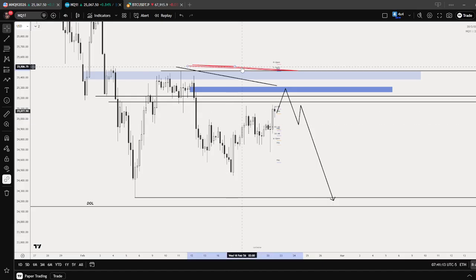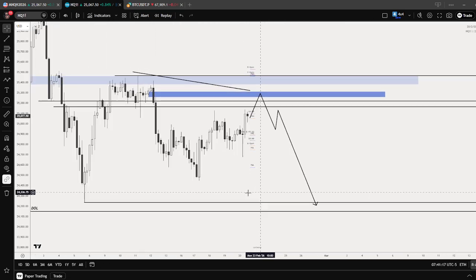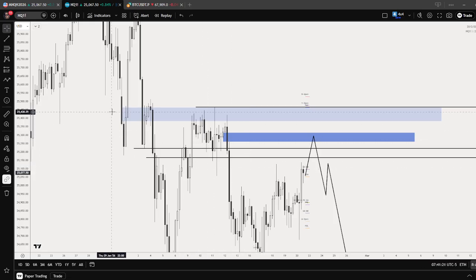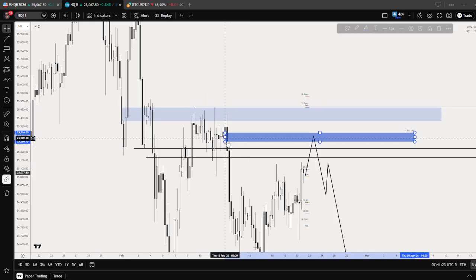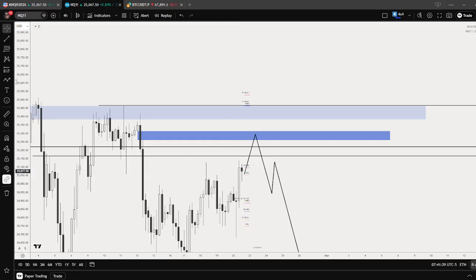So what is my draw on liquidity? November low. What is my POI? This 4-hour imbalance. Okay. We might not close above it, but only produce a wick above it, purge this liquidity, and slam lower. I am also accepting that.